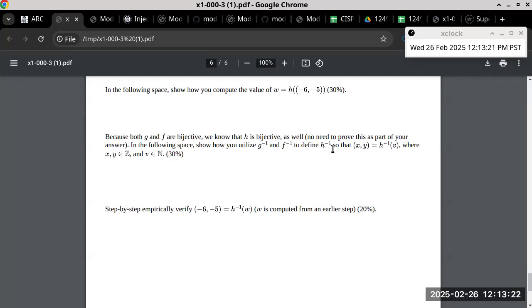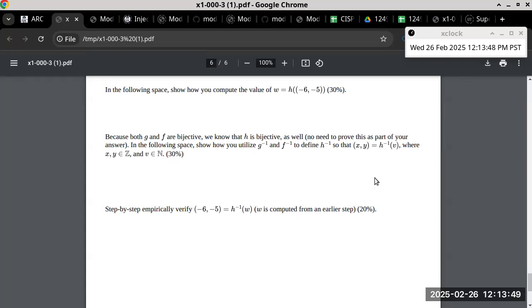So now the question is, how do I define H inverse? The xy as a two-tuple is the inverse of H applied to some integer v. That's basically what the question is asking. First of all, does everybody know what the question is asking? It even tells you that x and y are integers and v is a natural number.